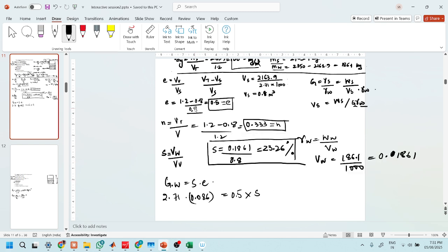We have to take the 0.2 here, because this is volume of voids here. We will be taking volume of solids. So this will be 0.1861 over 0.2.